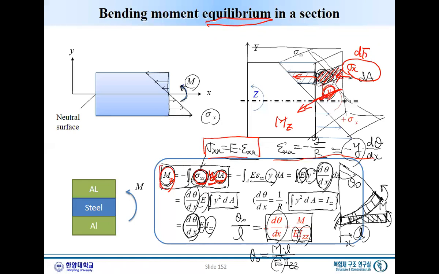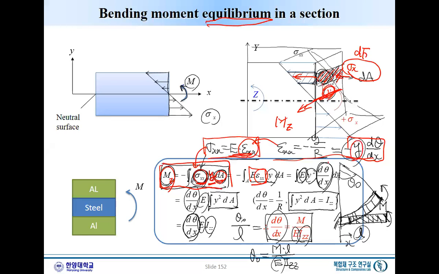So this is basically the equilibrium equation. Now, all we have to do is put this sigma x here, and epsilon x we already know. Sigma x, what is that? E epsilon, no problem. Now, what is the epsilon x? Minus y d theta dx, no problem.